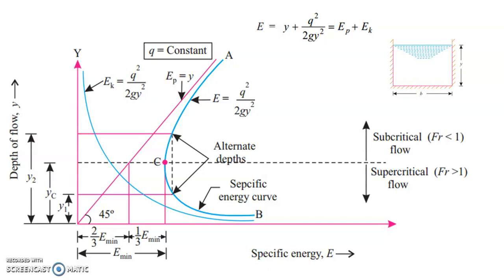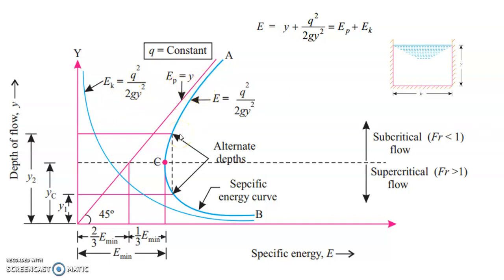The plot for specific energy is obtained by adding kinetic energy to potential energy. So the resultant curve, which we are supposed to analyze, is this. EP equals y and EK equals q square by 2gy square are the individual curves, and the resultant curve is this.